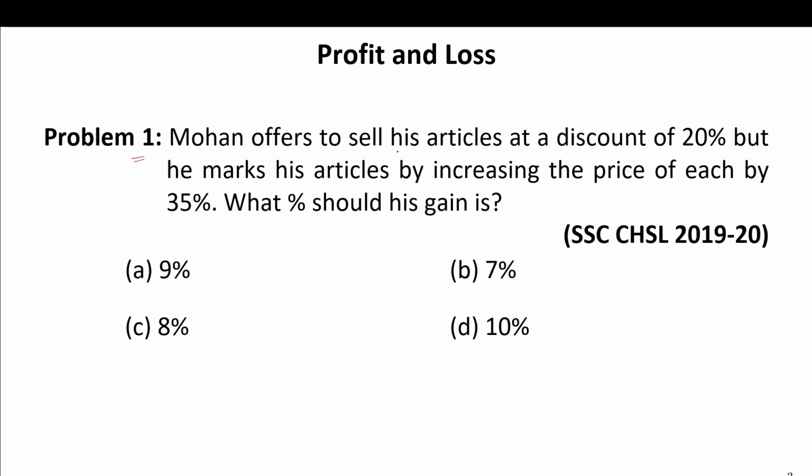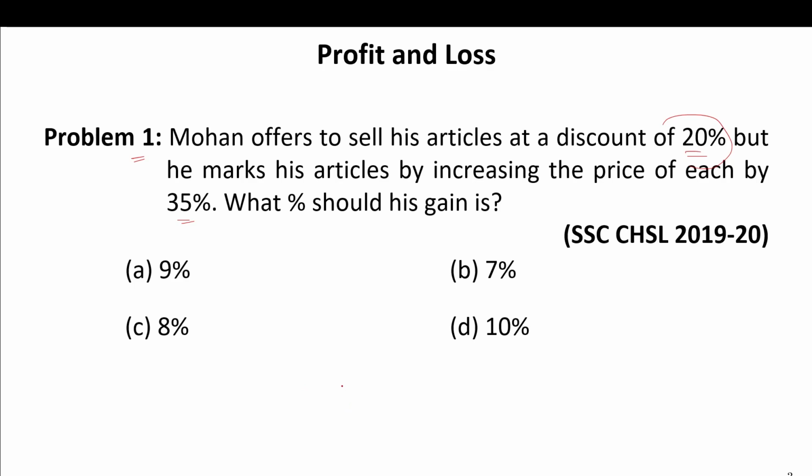Mohan offers to sell his articles at a discount of 20%, but he marks his articles by increasing the price of each by 35%. So the discount that he wants to offer is 20%, but he marks up the price of each by 35%.